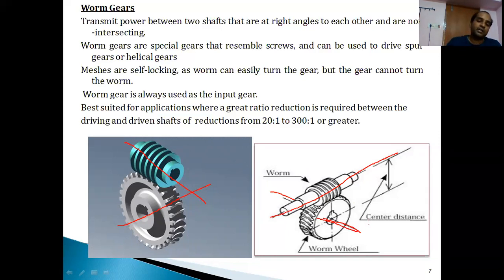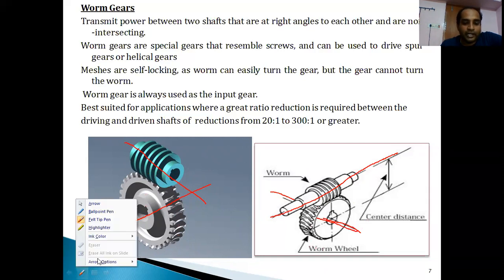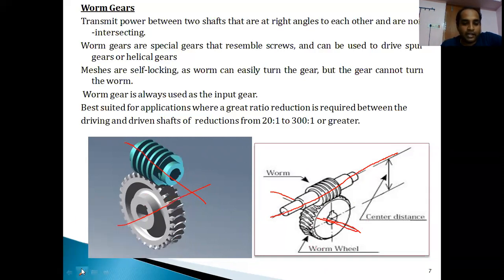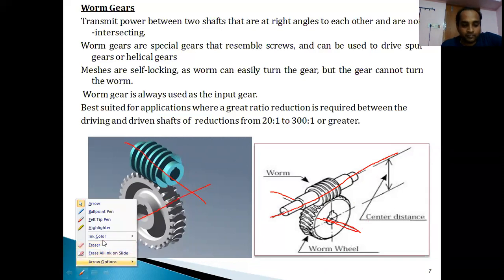So the power in this type of gear arrangement can be transmitted between non-intersecting gears which are inclined at 90 degrees to one another. Sometimes the design of these worm gears may resemble the helix gear or the spur gear, but the only thing is they are placed at right angles to one another and are non-intersecting.